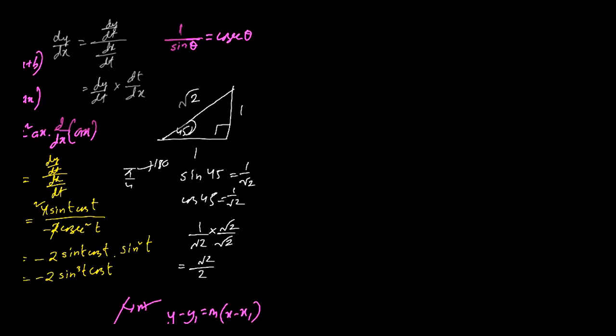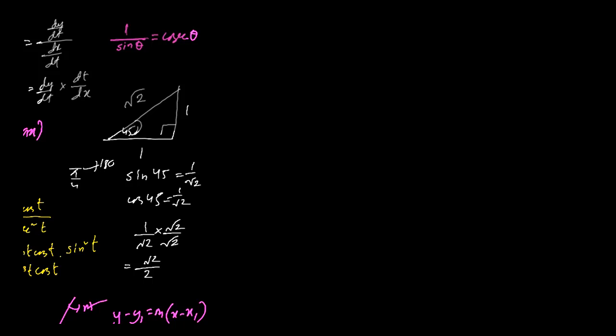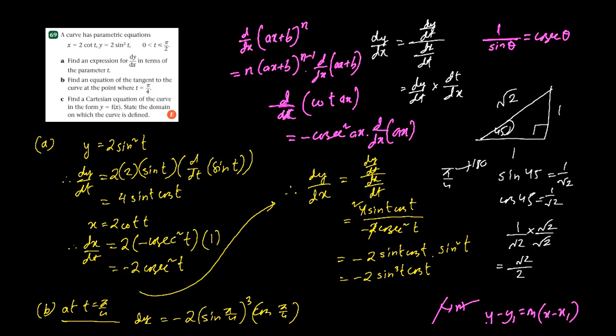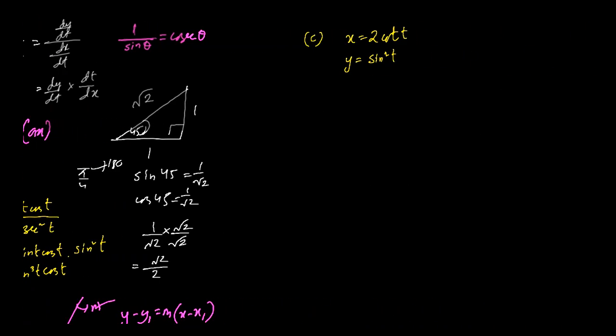Let me double check: x equals 2 cot t, y equals 2 sine squared t. This is 2 sine squared t.